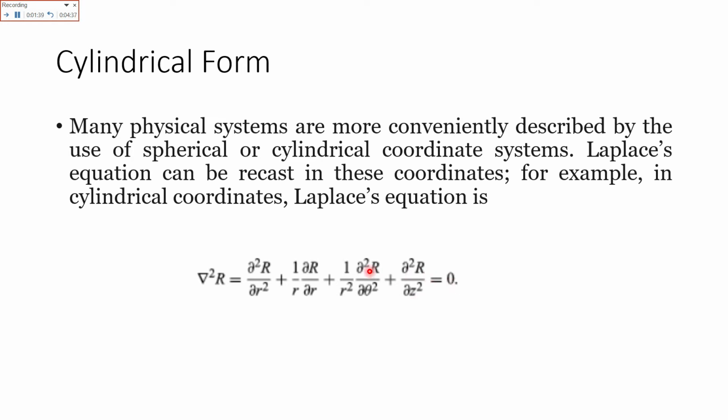So this is the Laplace equation in 3 dimensions of the cylindrical coordinate system. This equation is applied in the fluid mechanics course in the analysis of fluid flowing through a pipe and many other applications.